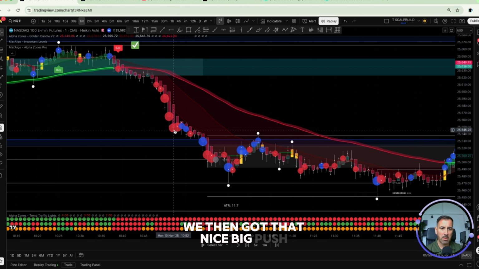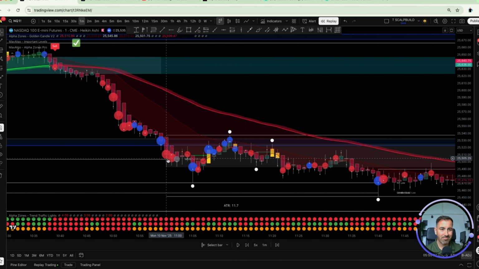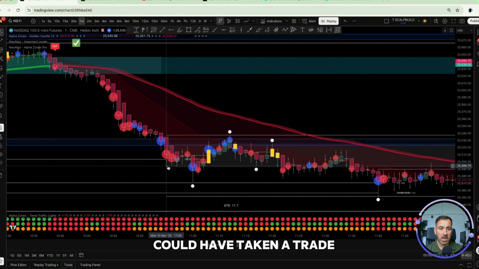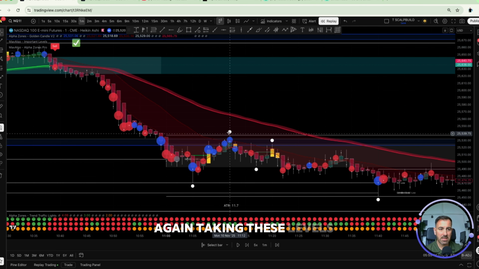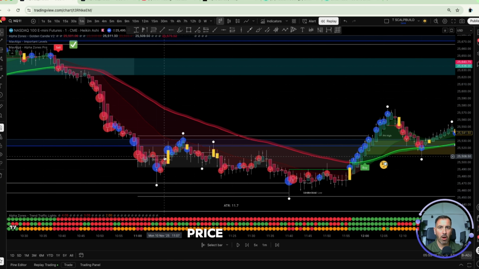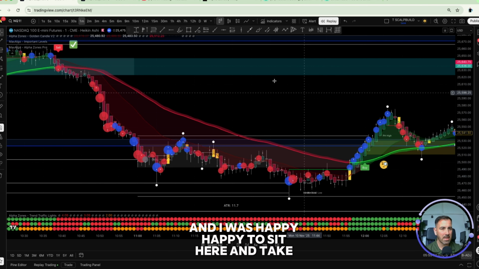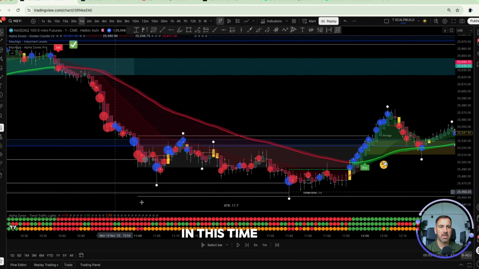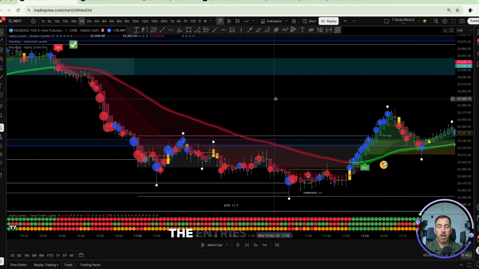We then got that nice big push down, we've then come below the Q, taken these levels, could have taken a trade, could have come up and taken me again, taken these levels, would have come up and taken me at the Q. This is the kind of price action I do not want to be involved in, and I was happy to sit here and take no trades whatsoever in this time period, knowing that when price cleans itself up, the entries will come.